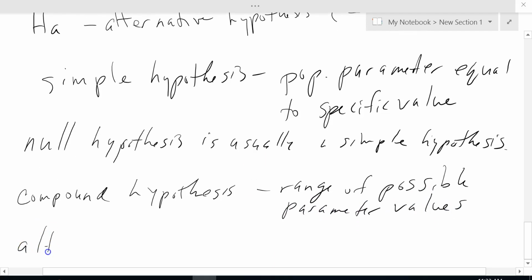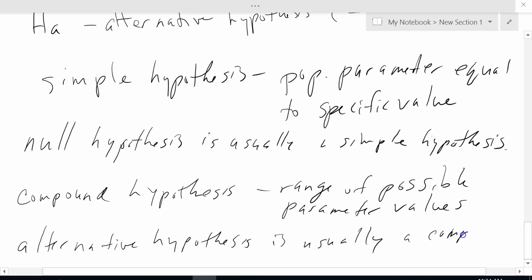And this is usually what your alternative hypothesis is stated as. Now again, there's a specific concept that we're going to talk about on Wednesday where we're going to have only two alternatives. Either the null hypothesis is equal to a value, or the alternative hypothesis is equal to a different value.